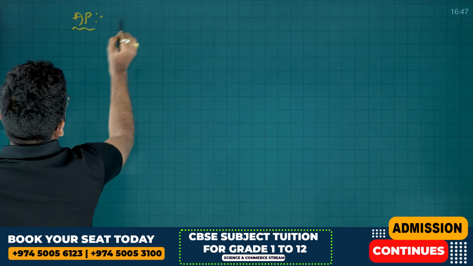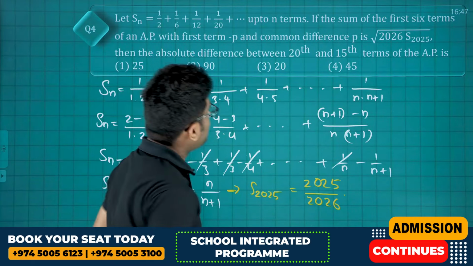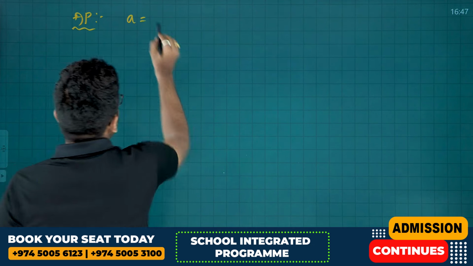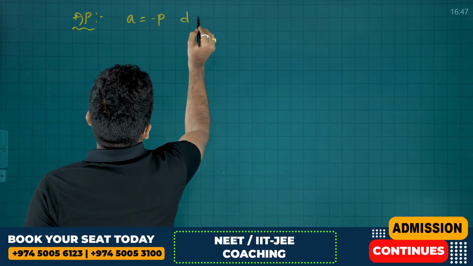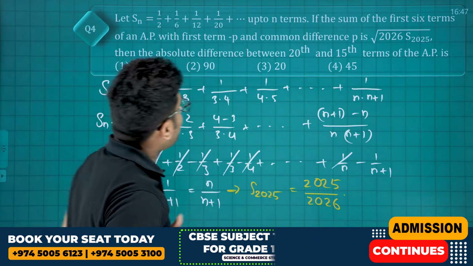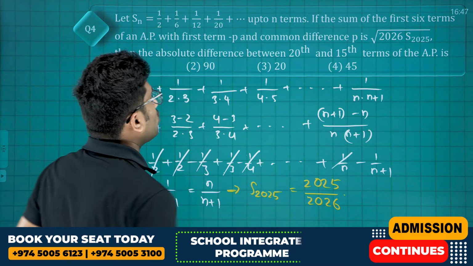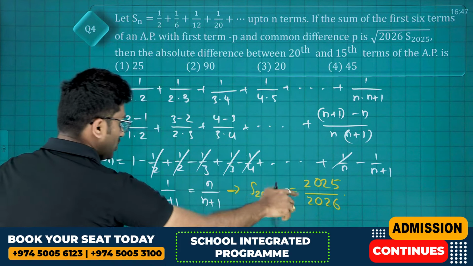For that AP, what is the first term? The first term is minus P and the common difference is P. A is equal to minus P and common difference P. They have given the sum of the first 6 terms. The sum of the first 6 terms is root over 2026 into this S2025.